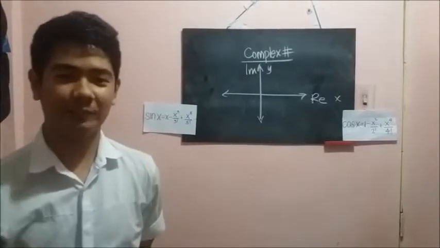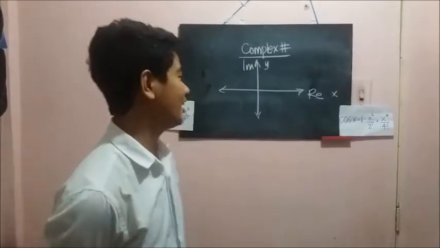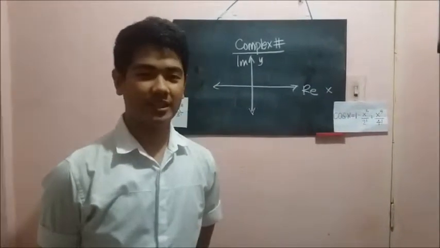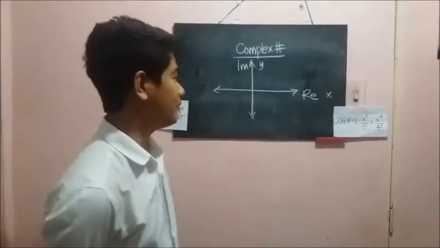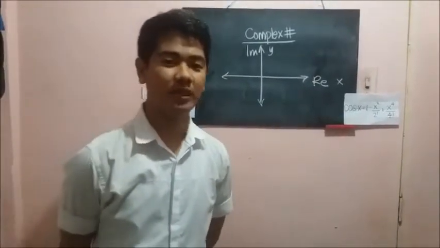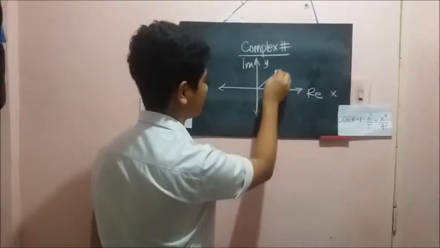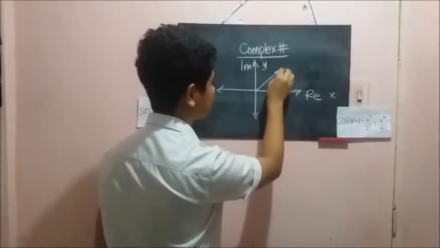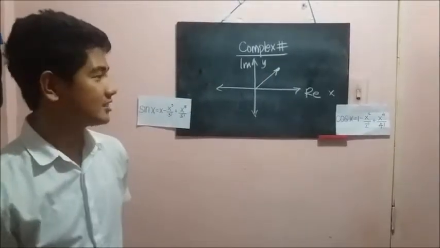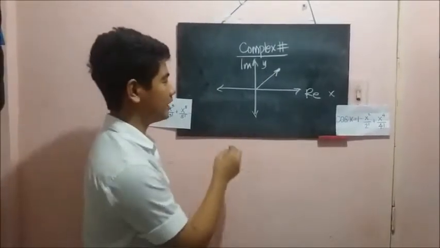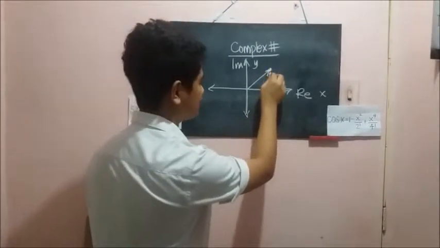The y-axis represents the imaginary part and the x-axis represents the real part. If we have a point that represents a complex number, for example, this is the point, and it is represented by a pair of numbers.